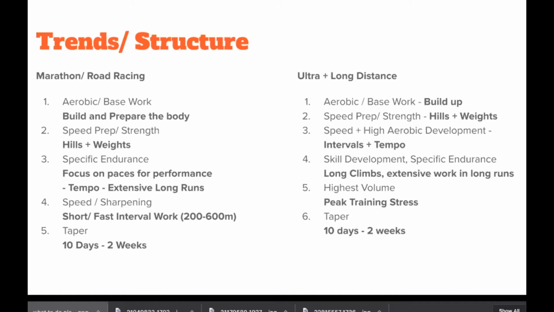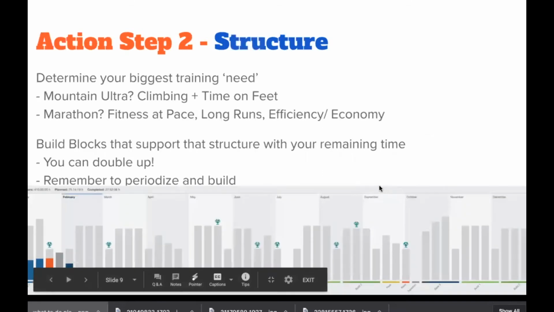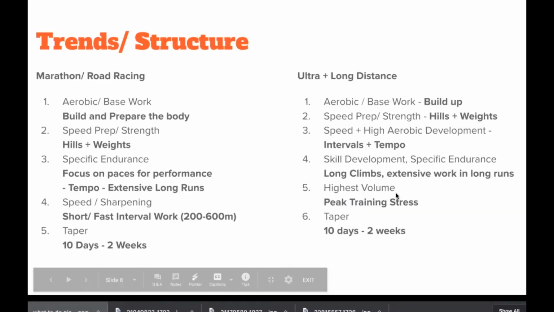But the big difference between these two, in my experience, is that before we can really hit that highest volume over here for the ultra endurance athletes, we're going to be looking at trying to get you efficient in terms of building your aerobic capacity and your aerobic ability. So think of it like this: those first 3 blocks are really about taking, say, you can go out and run 9:30 per mile in zone 2.